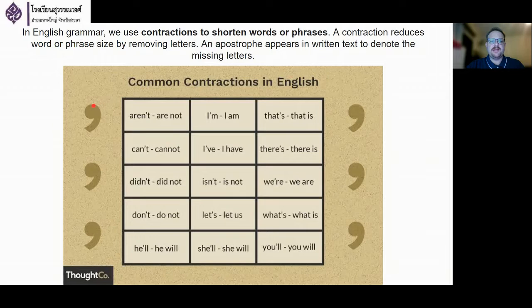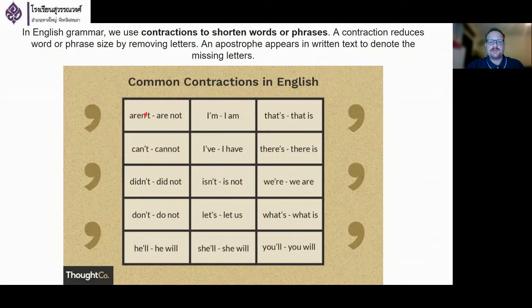Don't forget that the apostrophe looks like the number 9, and it is kind of floating in the air in between the two letters.